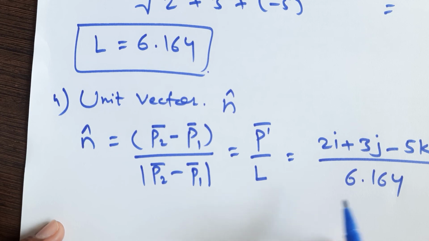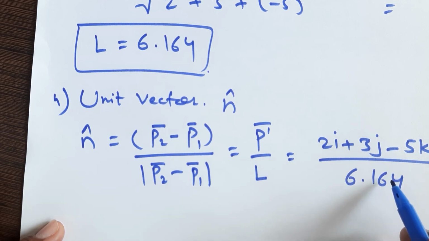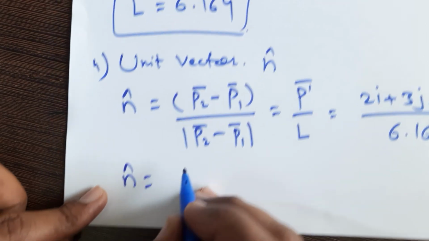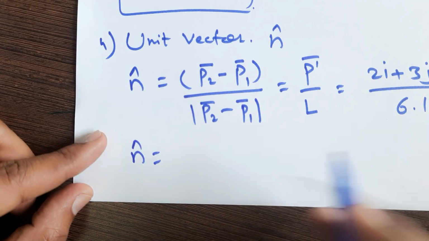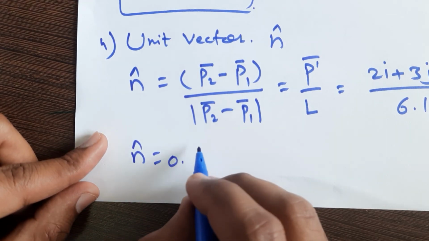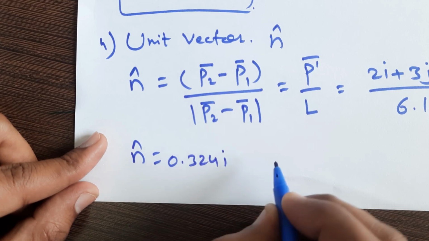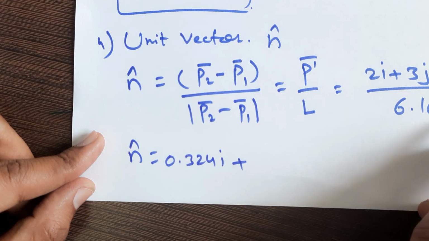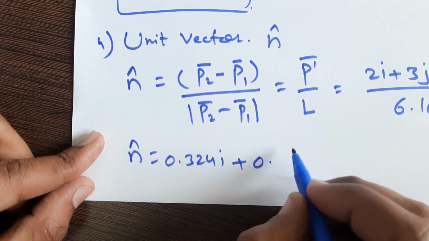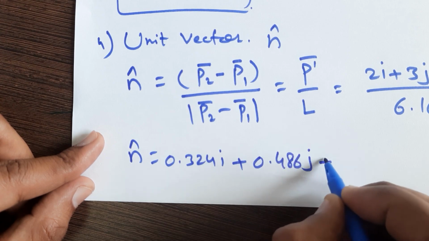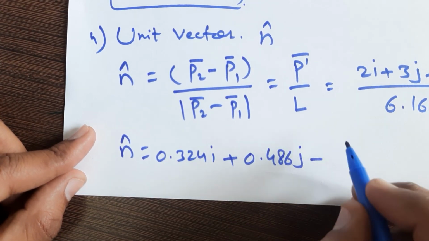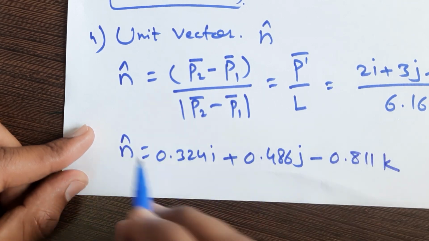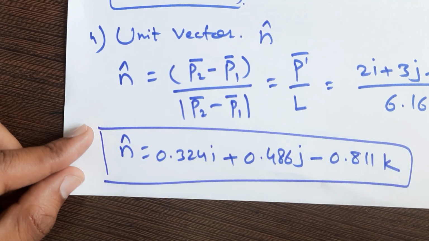If you divide 2 by this, 3 by this, and 5 by this, you will get n cap equal to 0.324i plus 0.486j minus 0.811k. So this will be the unit vector in the direction of line.